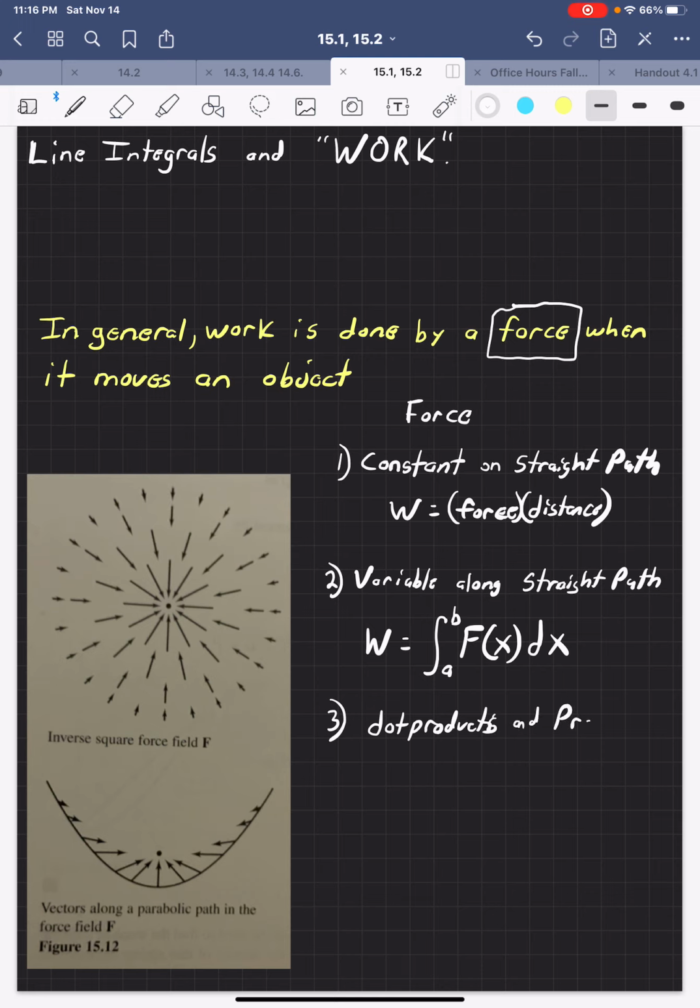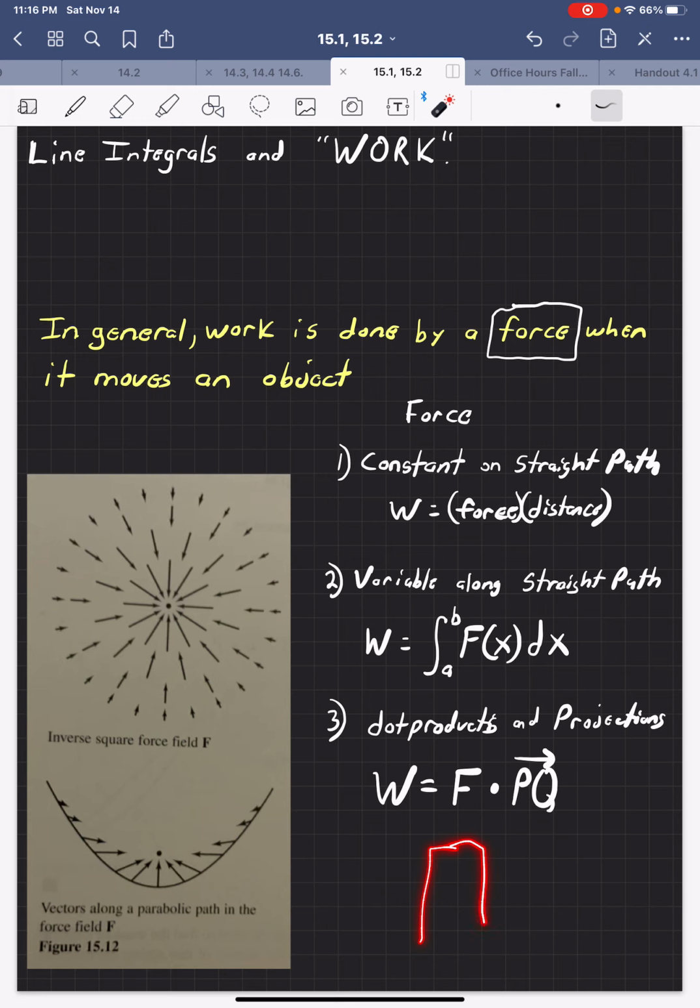And we did a little bit of work on this in chapter 12 when we were just introducing vectors, and we found that work can be calculated as force times some vector, right? And this allowed us to start thinking about the direction in which we are applying the force, right?